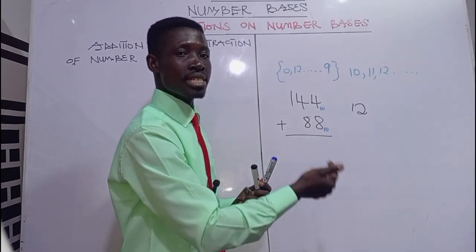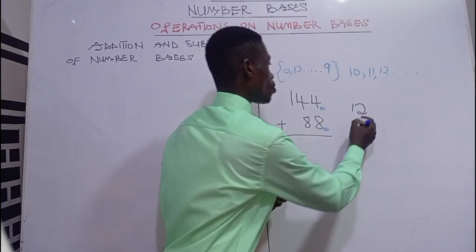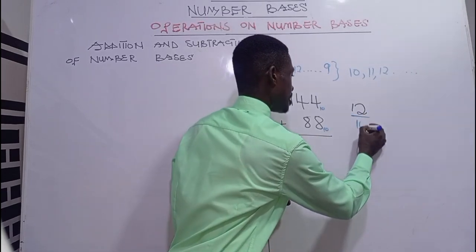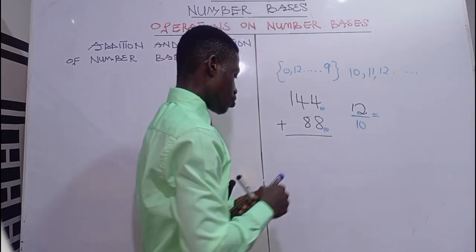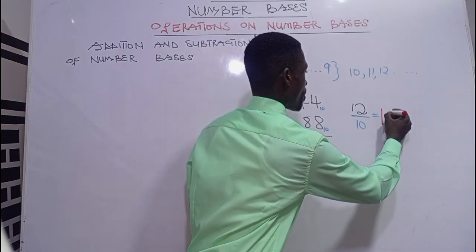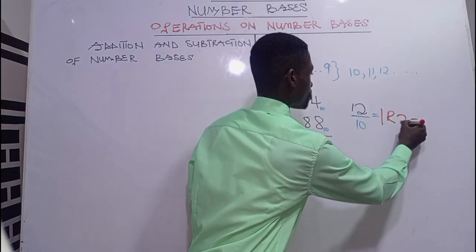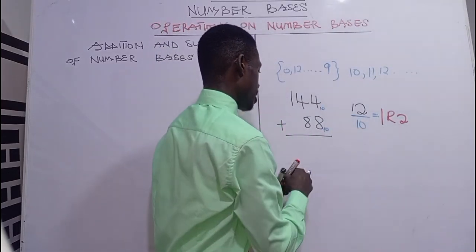The base that we are working in is base 10. So we divide the 12 by the base, which is 10. And 10 into 12 will give us 1 remainder 2. So it is this 2 that we write here.